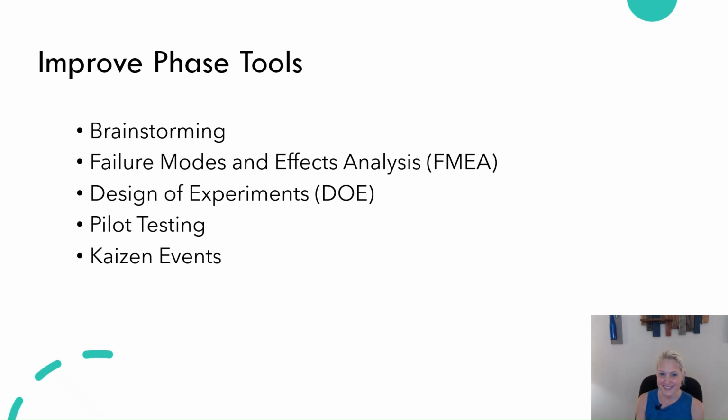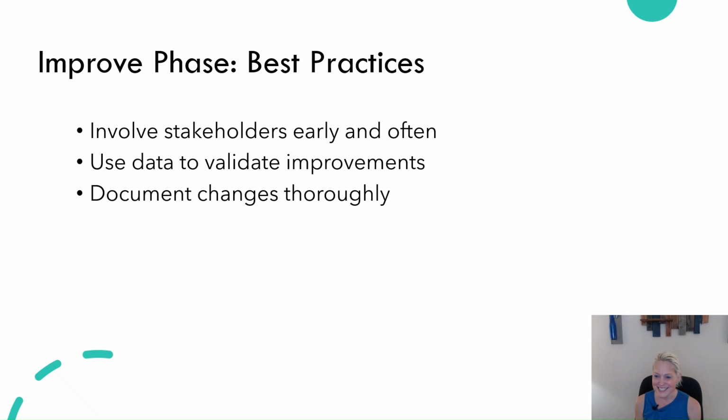All right. Best practices for the improve phase: you've got to make sure you involve your stakeholders early. When I say early, I actually mean we need to involve them very early during the define phase to make sure they're really happy with the problem statement and the goal statements. In addition, we involve them often throughout the DMAIC problem solving.